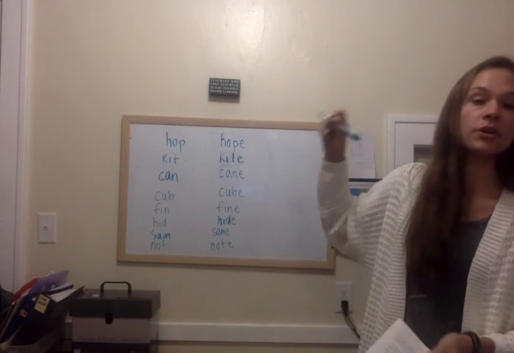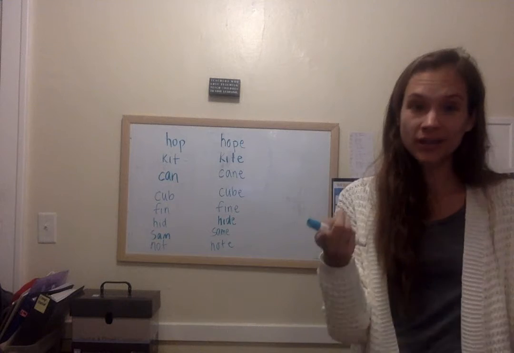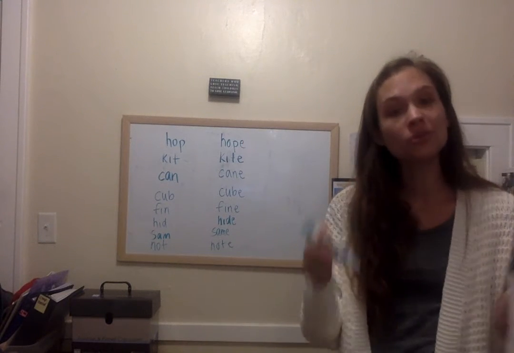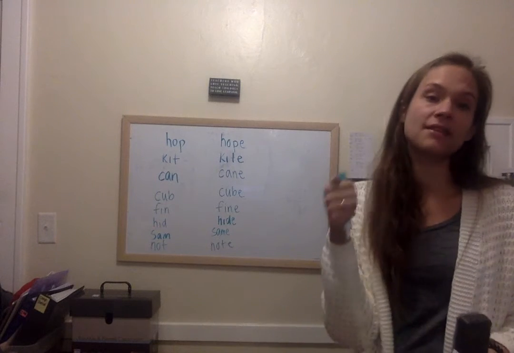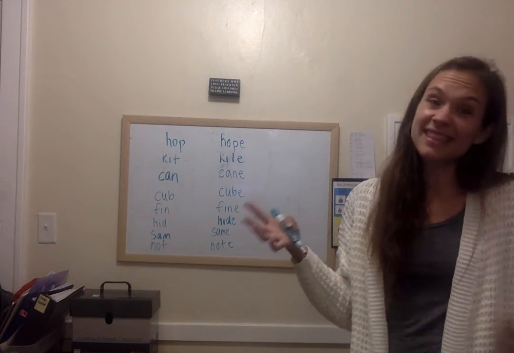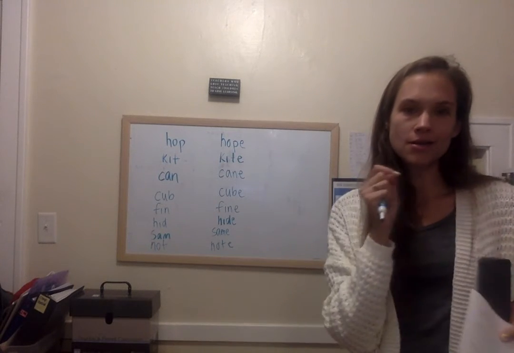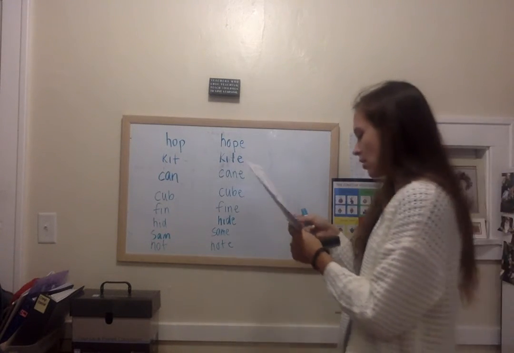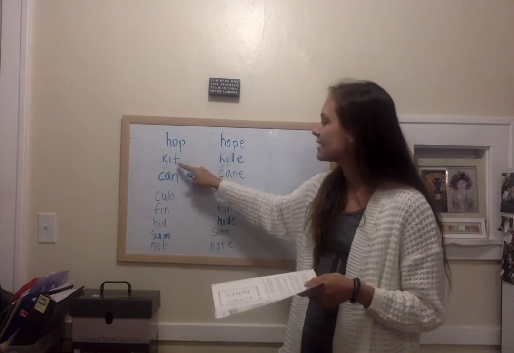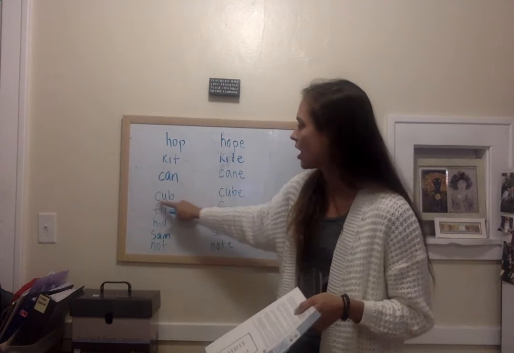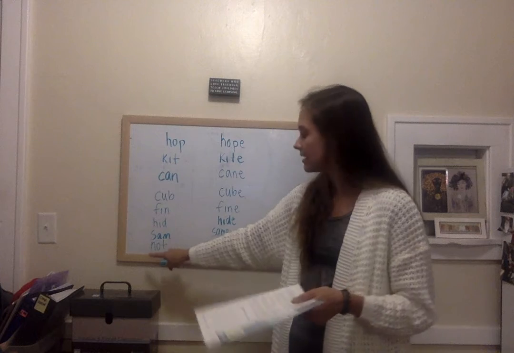Okay, we're going to read each word in this column together. I know you're going to hear me saying it on your iPad, but I want you to read it with me. If I'm going too fast, you can always pause me so you can practice saying the word. Okay, let's take a look. Hop, kit, can, cub, fin, hid, Sam, not.